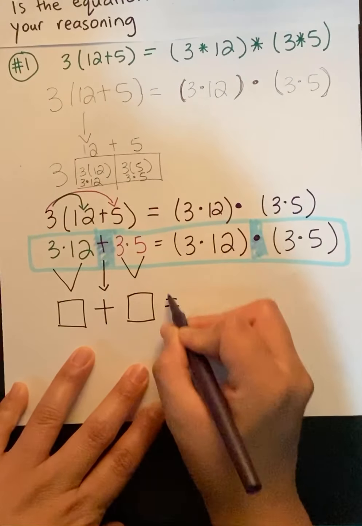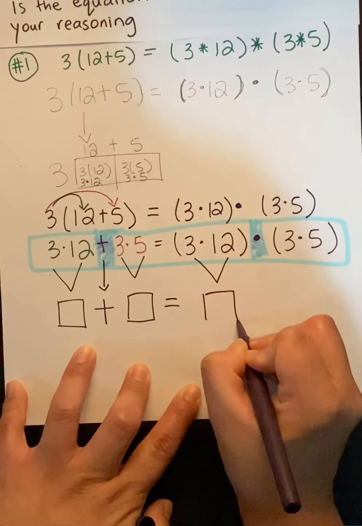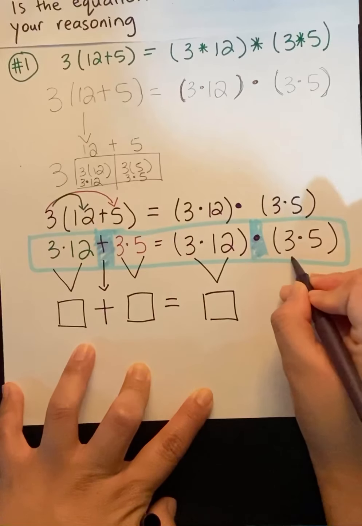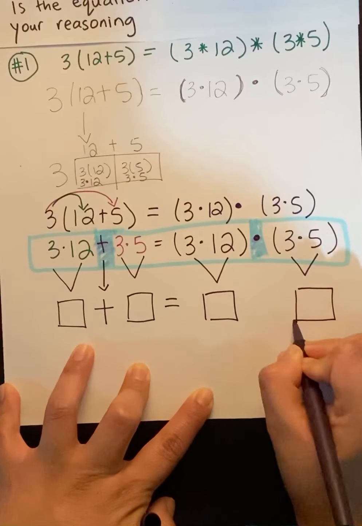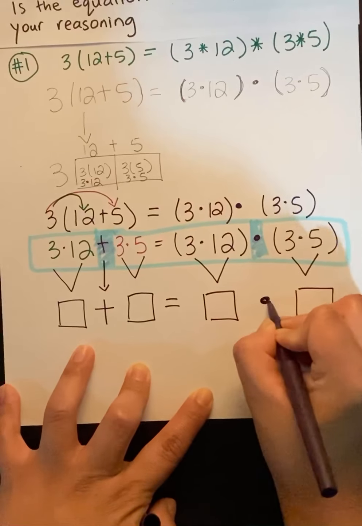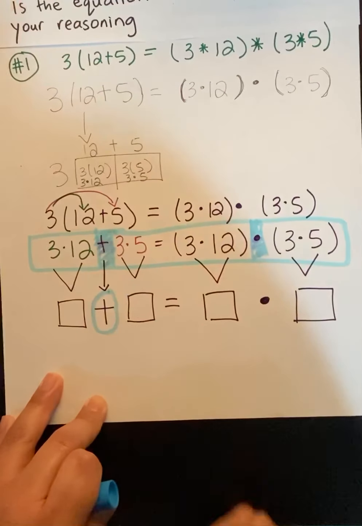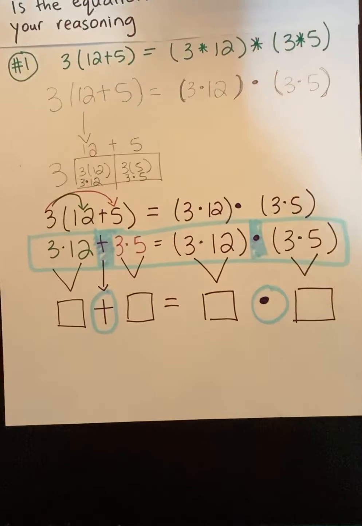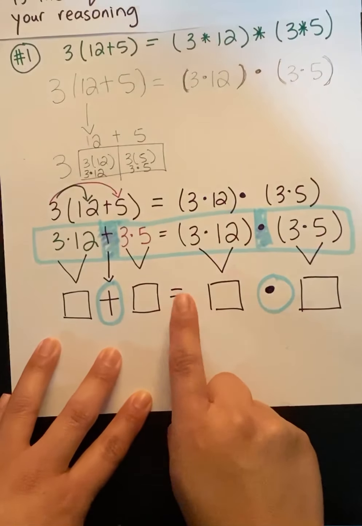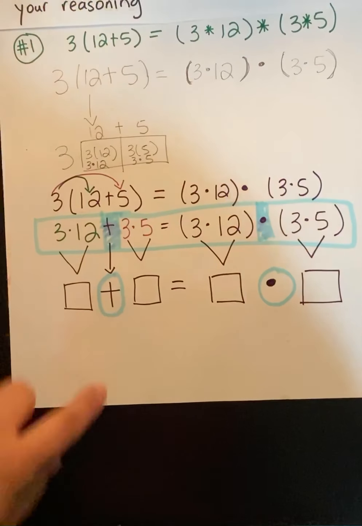And it says equals right here. 3 times 12 will give me a number, 3 times 5 will give me another number, and I am going to be multiplying them. So, because this is adding the two numbers and this is multiplying the two numbers, I know that they will not be equal. To prove it, let's go ahead and solve it.